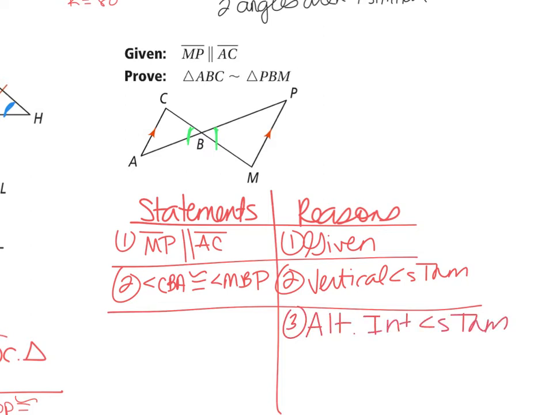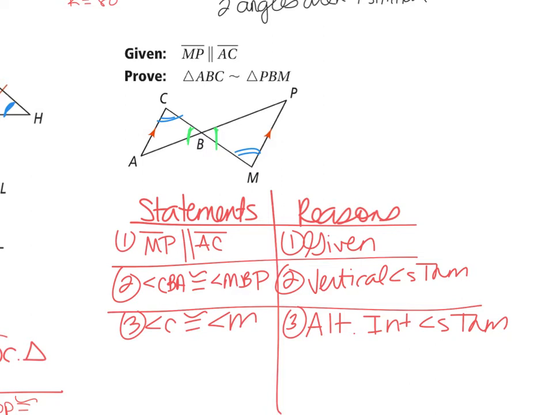That's what we're going to be using. You have two different sets. You could either say C is congruent to M, or it doesn't matter which one you choose, you could say A and P are congruent. I'm just going to stick with C and M. So the third step would be angle C is congruent to angle M because of the alternate interior angles theorem.